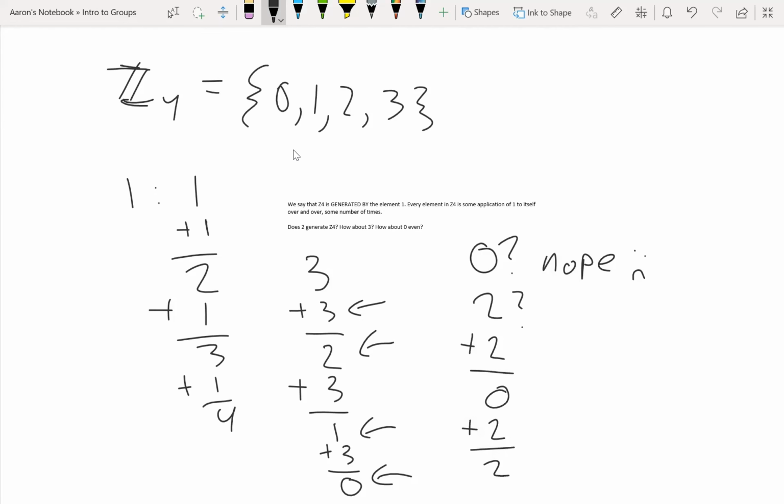So, in fact, 2 generates the subset {0, 2}. But it may be worth noting here, is this subset a group?